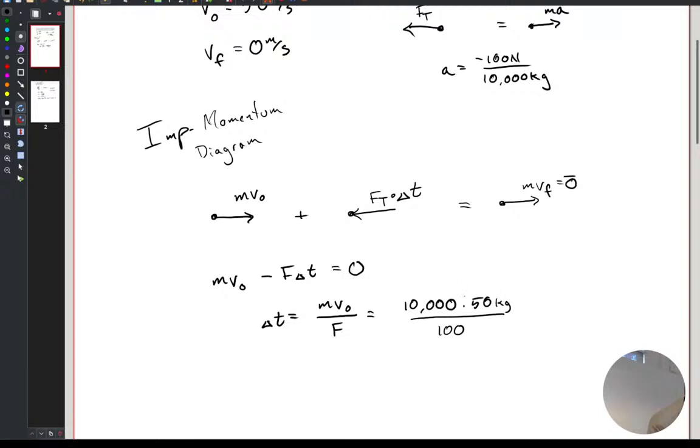This is a kilogram meter per second, and this is a kilogram meter per second squared. So we get 2 of those zeros knocked off, and we end up at 500 seconds.